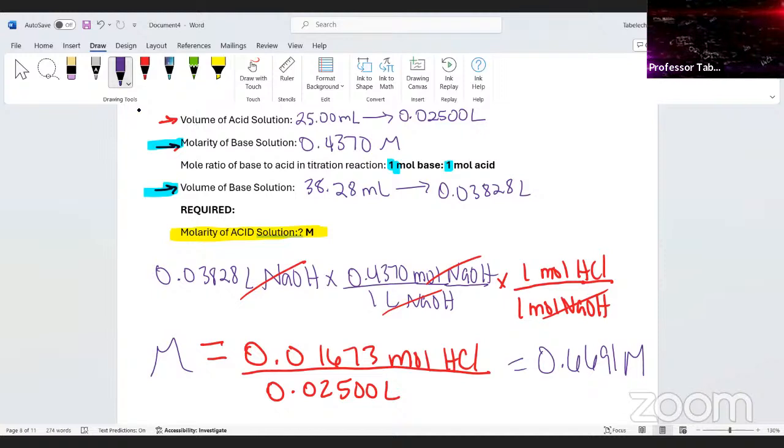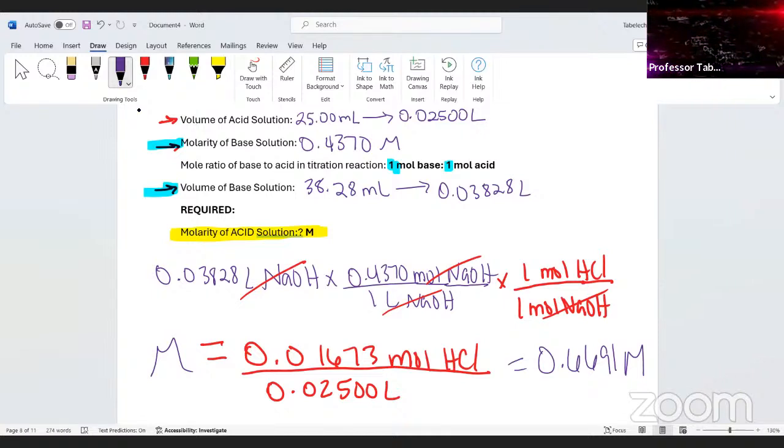Any questions so far from anyone? Remember, titration problems, molarity, equivalence points. Think about what the word equivalent means. Equal. If I say we're equal, that means we need to be on the same page, okay? So that means you're going to have to use your mole to mole ratios here.